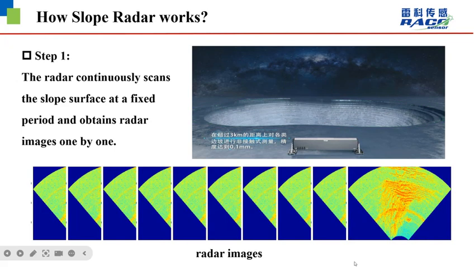During this process, we will continue to obtain radar images like below. This is a radar image. We can see some details like this in the image.